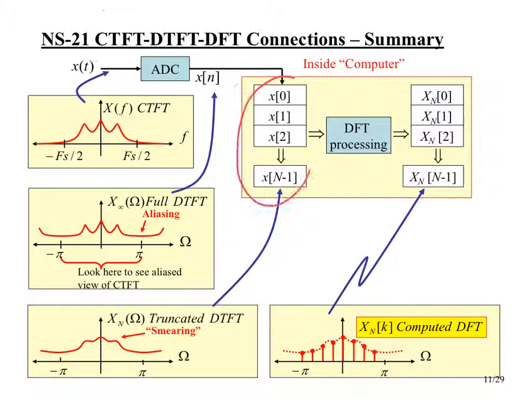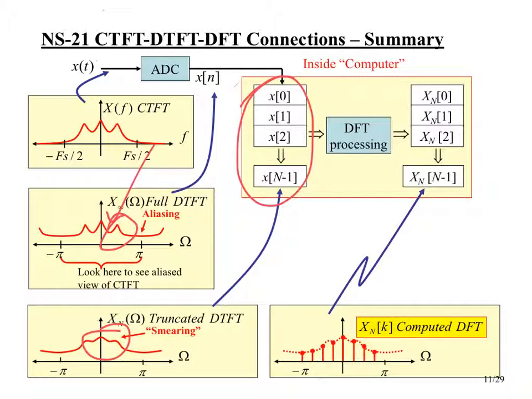We collect n samples, and as soon as we do that, the underlying DTFT now is a smeared version of our sub-infinite, and that's why we have this sub-n here. So the truncated signal's DTFT is a smeared version of what we really want to see, and you can see these spikes get smeared. That's main lobe smearing.